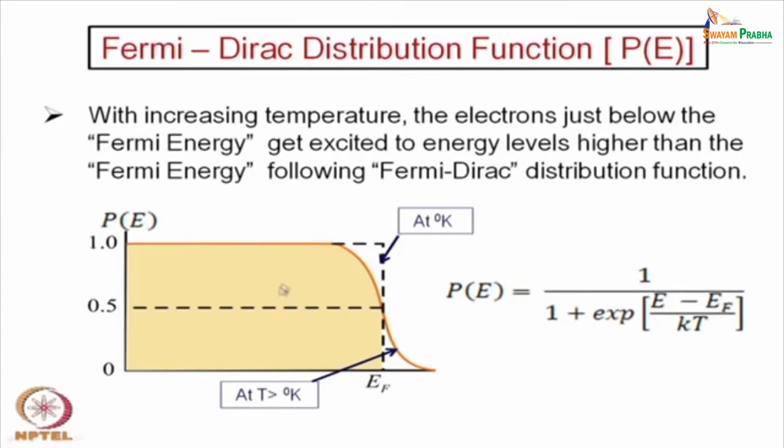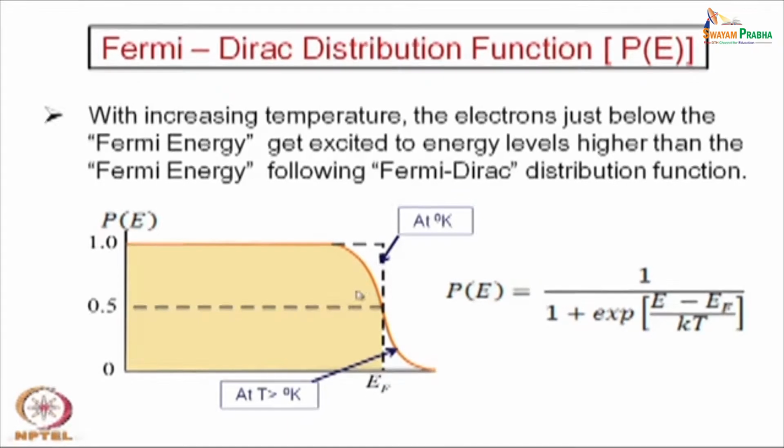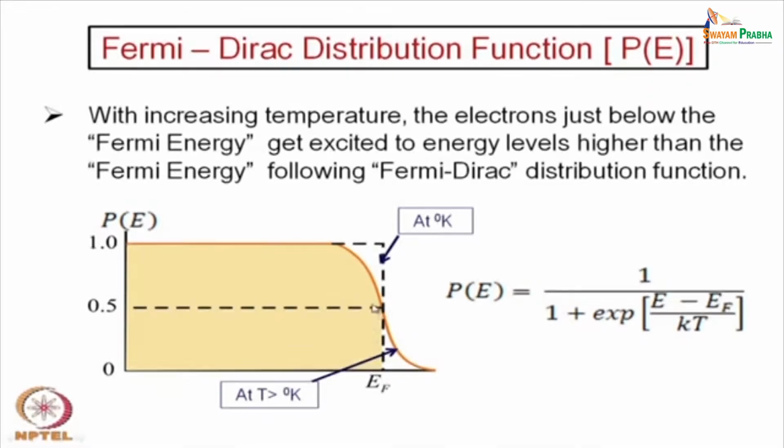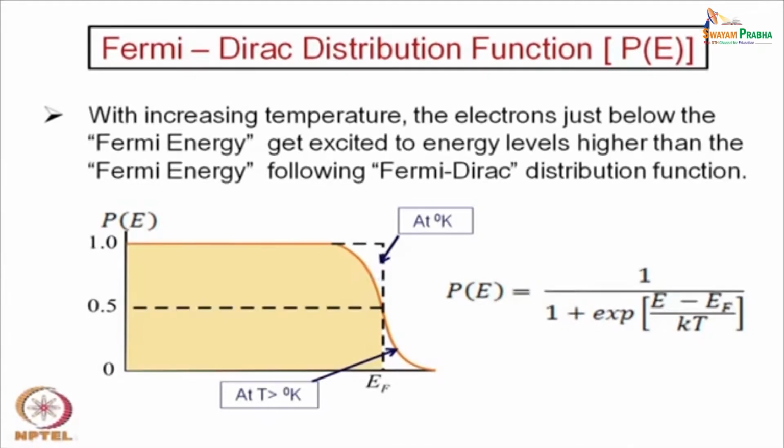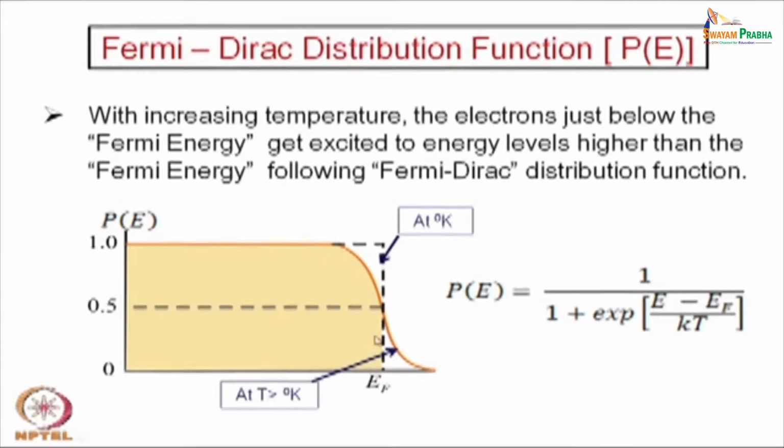Basically, what it means is that very close to the E f, the electrons which have energy just below E f will acquire some additional energy from thermal energy.